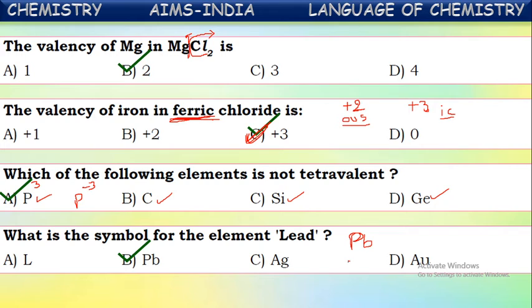In the same way, copper's Latin name is cuprum, so Cu is its symbol. Gold, Au is the symbol because its Latin name is aurum. So for some elements, symbols are derived from their Latin names. One of them is lead also. Its Latin name is plumbum, so its symbol is Pb.